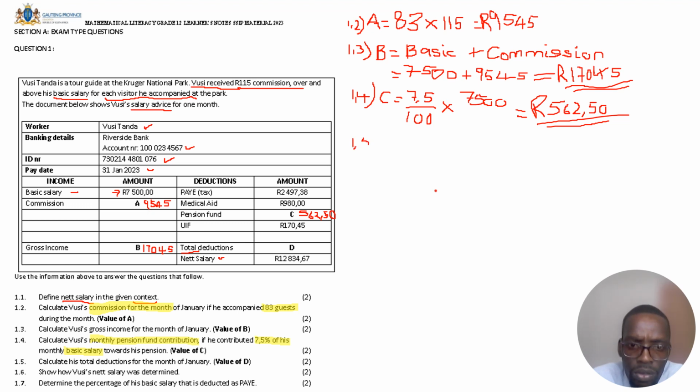We now want the value for D. Now it means our D, the total deductions. Remember, we say total deductions, it means we are adding up everything. When you say total, it means we are adding up all these figures here, including our pension fund contribution. That's how we are going to get this answer for D.